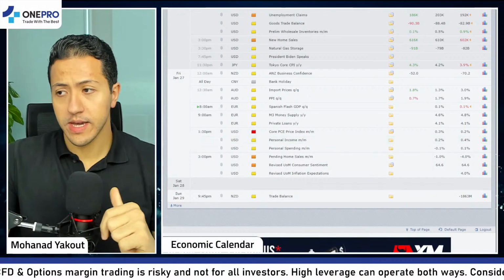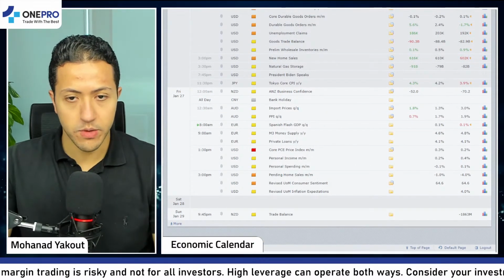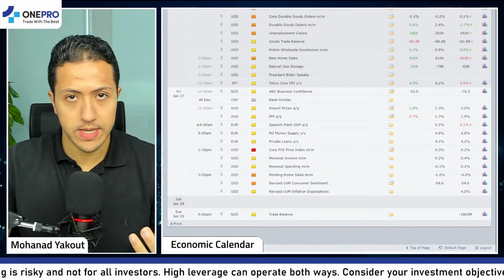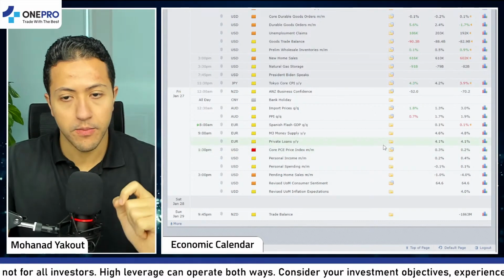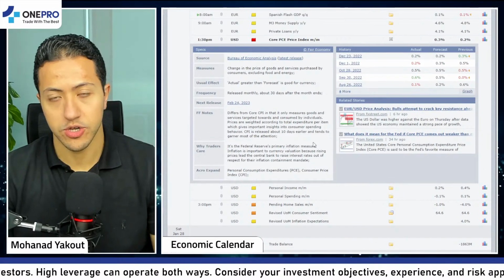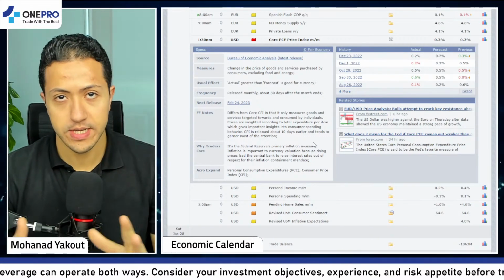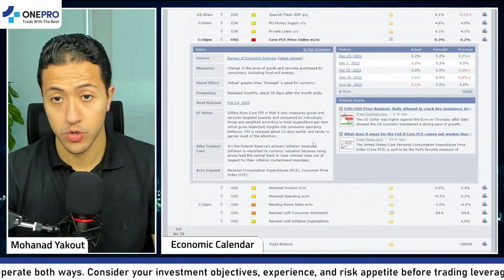Starting with the economic agenda for today, it's Friday, the 27th of January. We can see that there is pretty much no important data to look for except for the core PCE price index, which is the personal consumer expenditures. This is basically the most important inflation indicator that the Federal Reserve looks for.